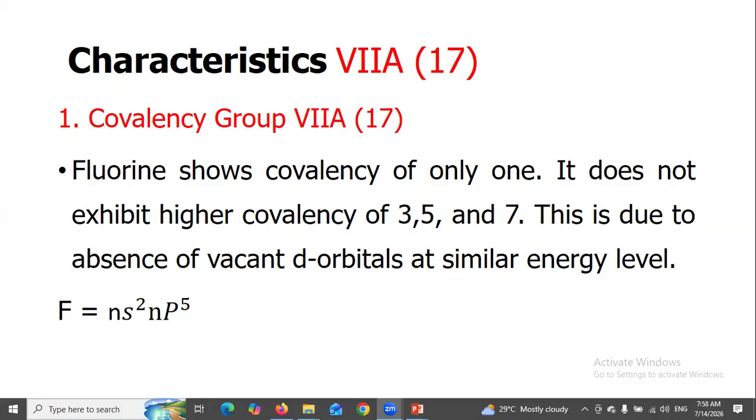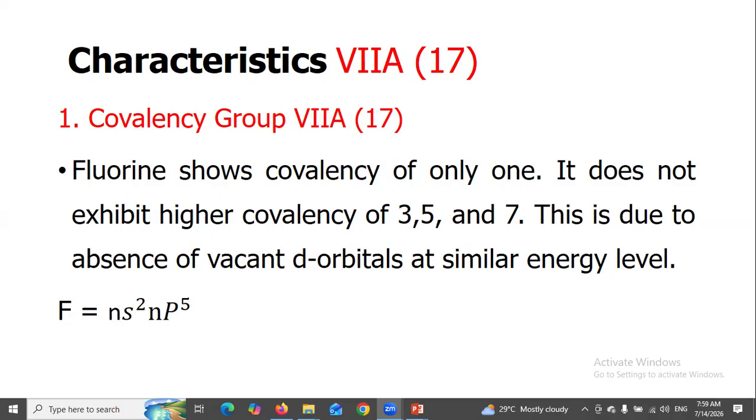Covalency. Fluorine shows a covalency of only one. It does not show higher covalencies of 3, 5, and 7 due to the absence of vacant d orbitals at similar energy levels.